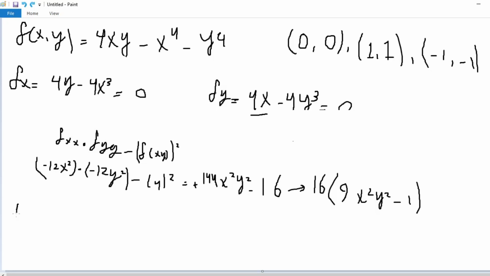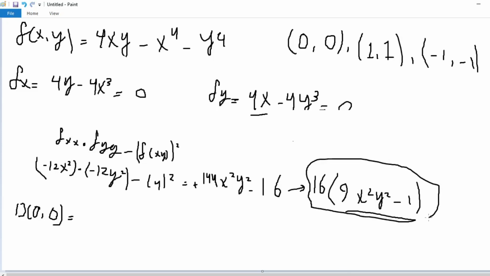So when the discriminant D is 0 and 0, what's the answer going to be? We need to insert every x and y for this critical point into the discriminant equation.